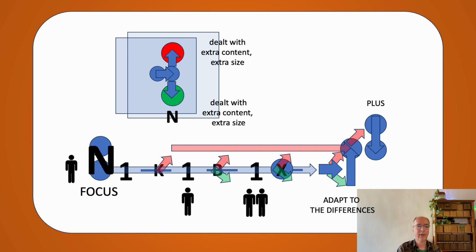So we deal with an extra content and an extra size via the next letter. It's not only the middle point, it's also the extra content that comes to it. So we have extras that we can deal with, our field of investigation is larger.